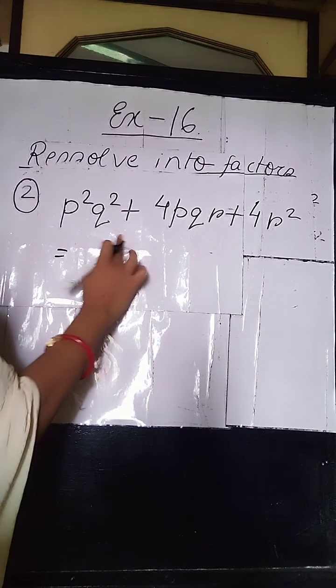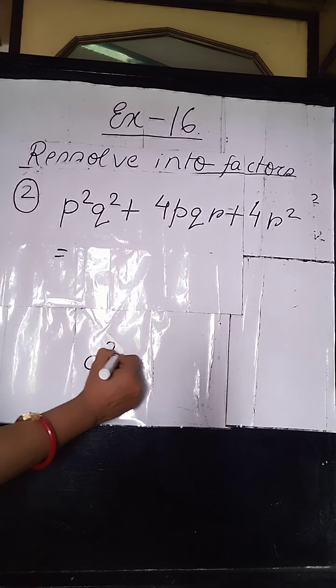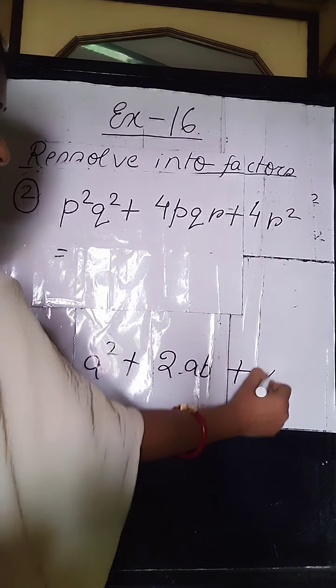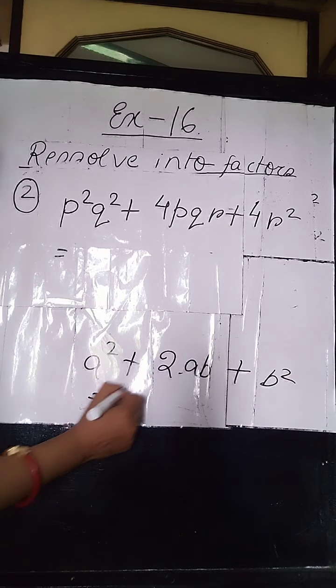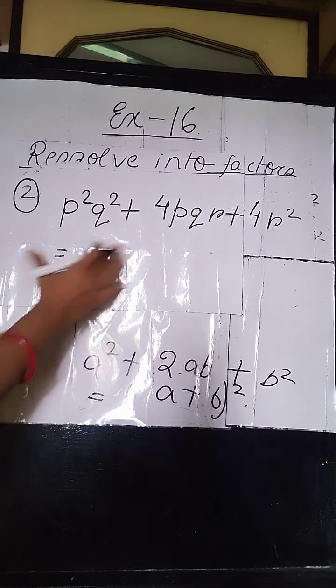So this one is a square, this one is plus 2ab, this one is plus b square. We will try to relate this with a square plus 2 into a into b plus b square, and then we will finally write a plus b whole square. This is what we will do in this kind of sum.